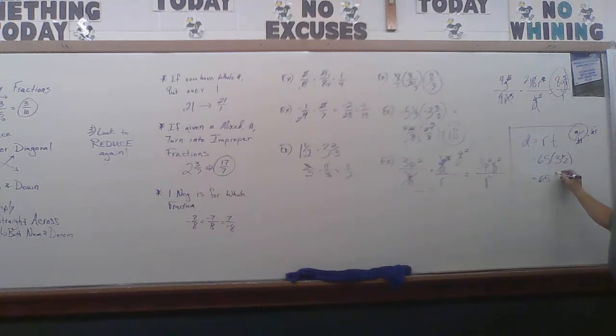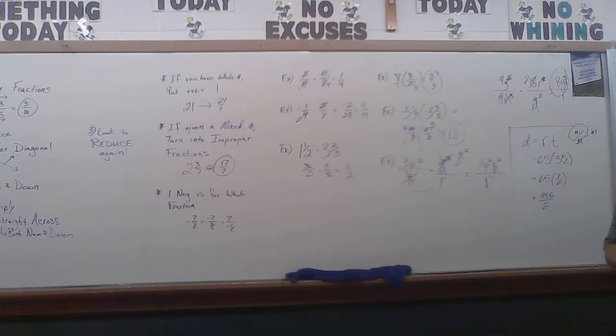So the first thing to do in this problem is make it improper and put it over 1. 3.5 as an improper fraction would be 7 halves. Put 65 over 1. Now, 65 times 7, we would have 455 halves at the end.